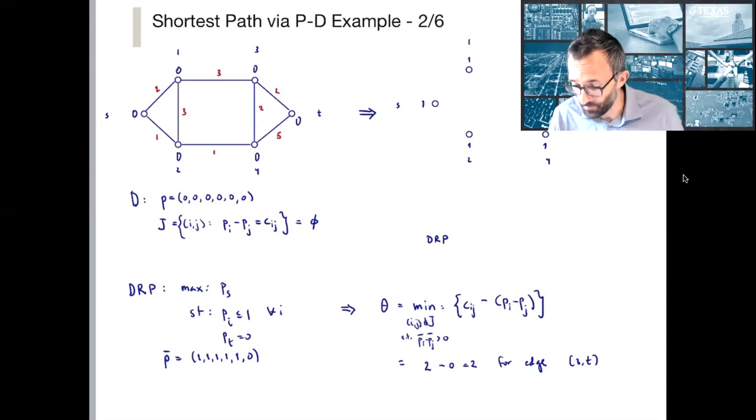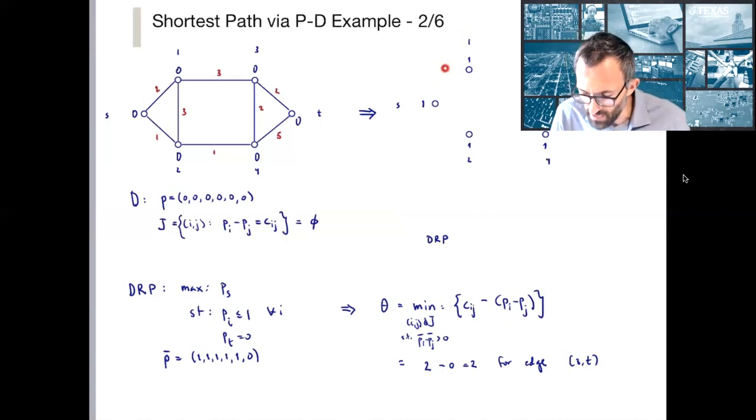That's P bar. And how do I choose theta? I look at all the cases where Pi bar minus Pj bar is strictly greater than 0, for all the edges that are missing. And in that case, where is Pi bar minus Pj bar strictly positive?